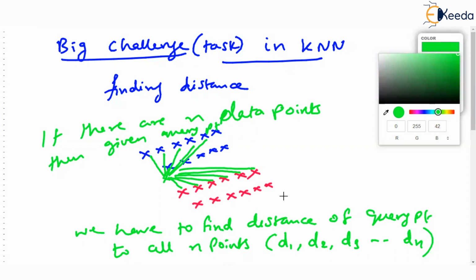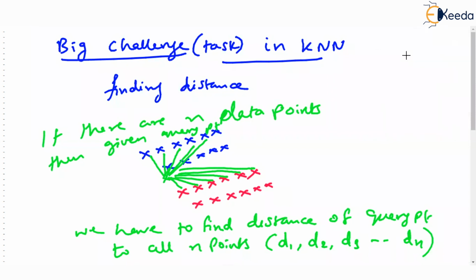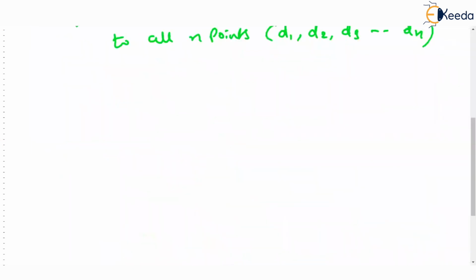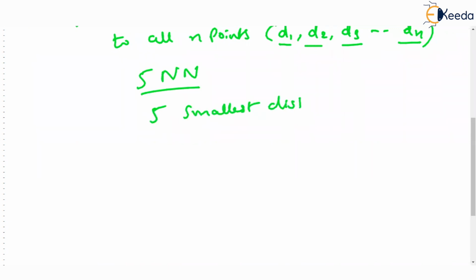And then once you find these distances, you should find the smallest among them. Maybe you are going for 5 nearest neighbors, then you should see the 5 smallest distances. That is, you should find 5 nearest neighbors. But the point is, the biggest thing in k nearest neighbor is finding distance. I hope you are understanding.